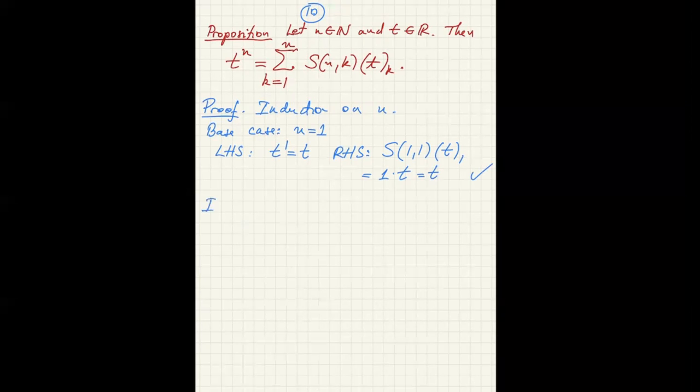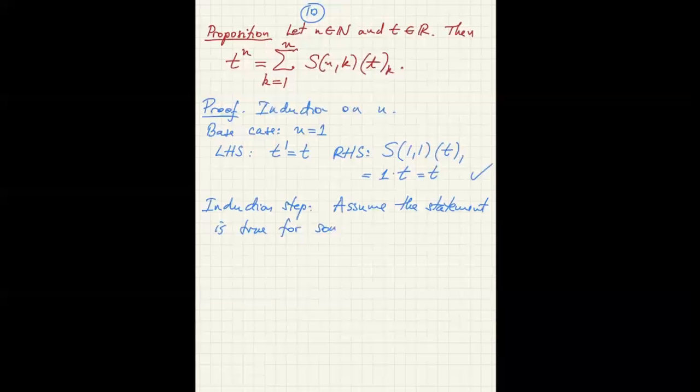Now for the induction step, assume the equation above is true for some n, natural number. So we have that t to the power n is the summation from k equals 1 to n of S(n,k) t falling factorial k.